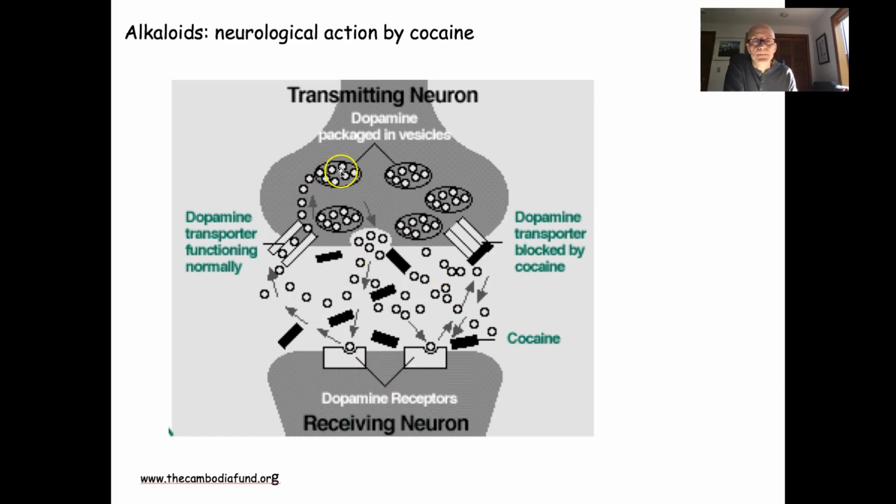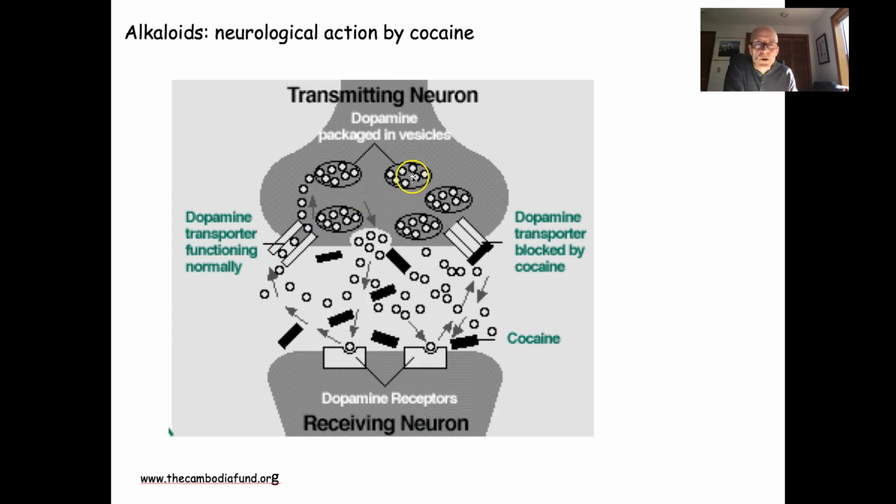One of those chemicals, neurotransmitters, is dopamine. It gets packaged into these little vesicles, gets released from the cell into the cleft, and is then taken up again by uptake transporters.